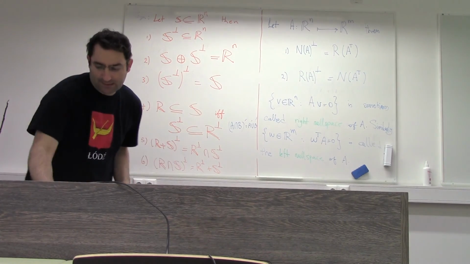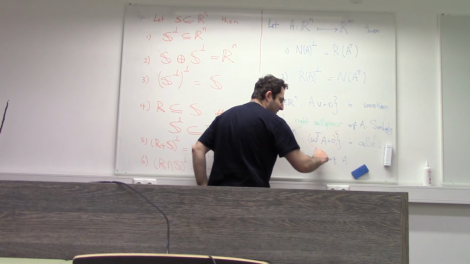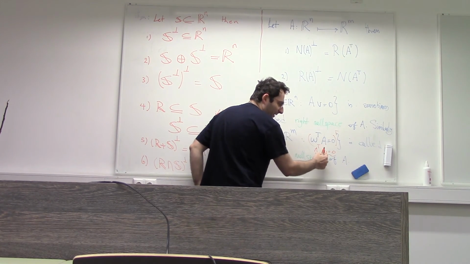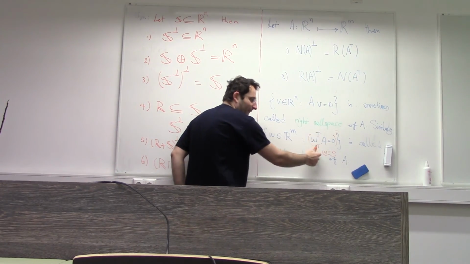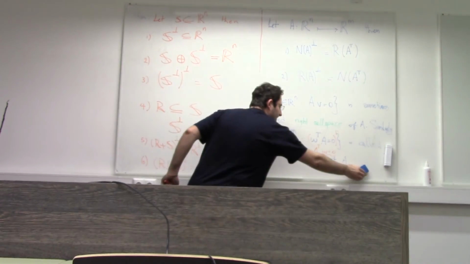A transpose, excellent. Because if I transpose both sides, what I get is A transpose W is equal to 0, which means that W is right null space of A transpose. So I can write it in this form.